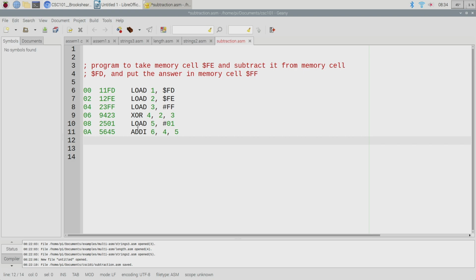Okay, so if I want to do the subtraction, what do I really do? I'm doing addition. So I need to take what's in register 1 and add it together with what's in register 6 and put that someplace. Okay, so let's put it in register 7, and we're adding, what did I say, 1 and 6?